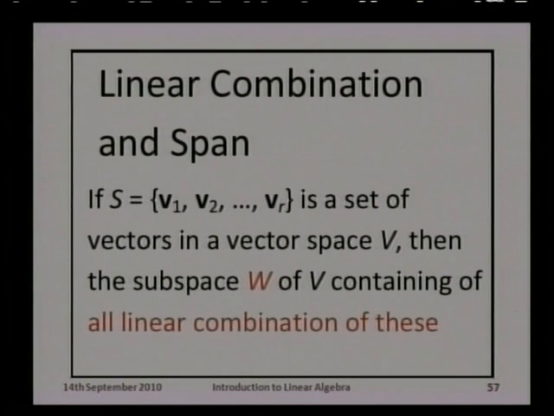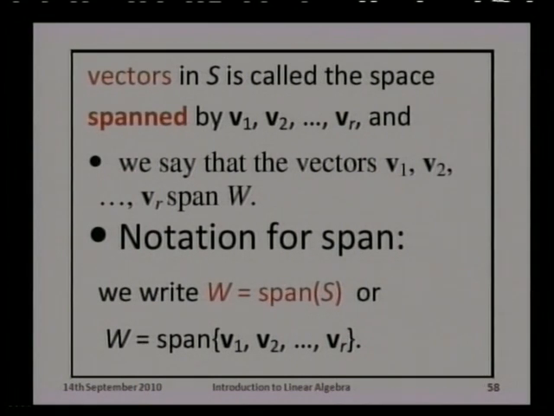If S is a set of vectors v1, v2, ..., vr in a vector space V, then the subspace W of V containing all linear combinations of these vectors in S is called the space spanned by v1, v2, ..., vr, and we say that the vectors span W, and we use the notation span S, which is equal to W. So there are two notations, either we write down the vectors which are spanning or the set. These two notations are used for span.